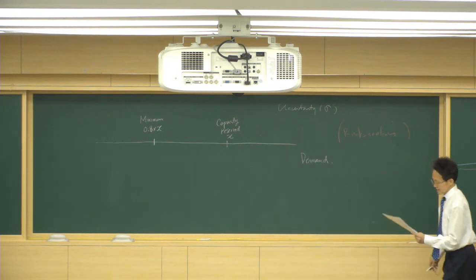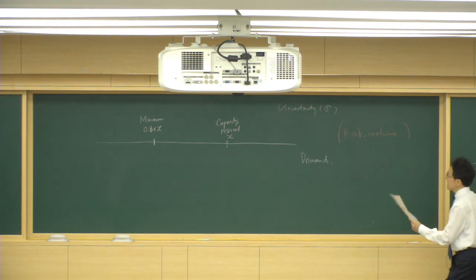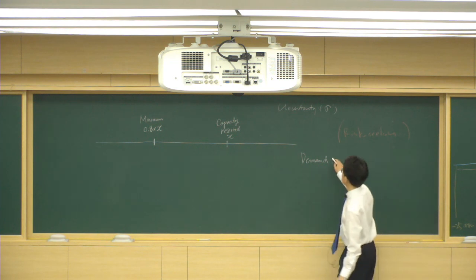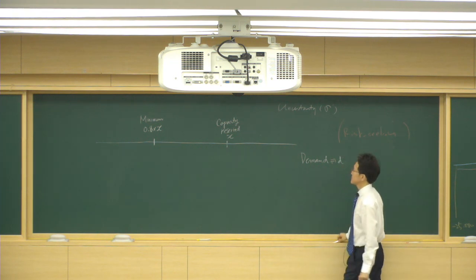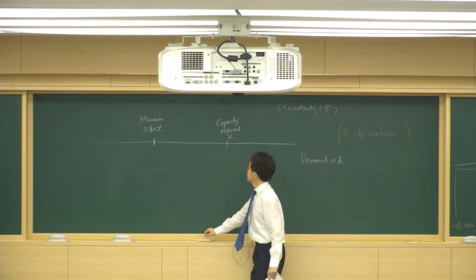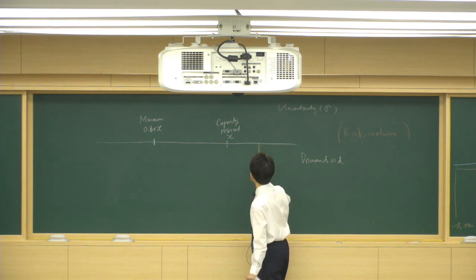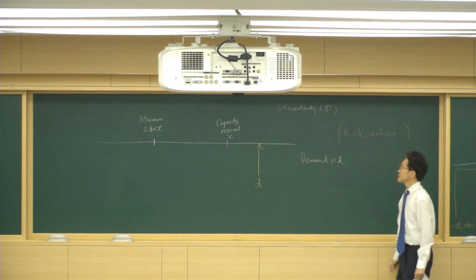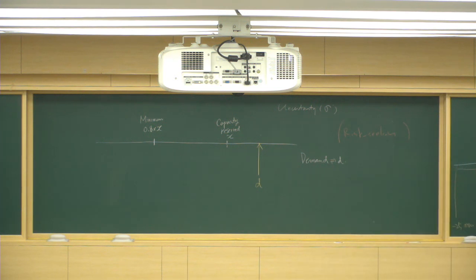So 0.8 times X. If, let's say, demand is D, if demand is here, how many units do you think I need to buy from my outsourcing partner?